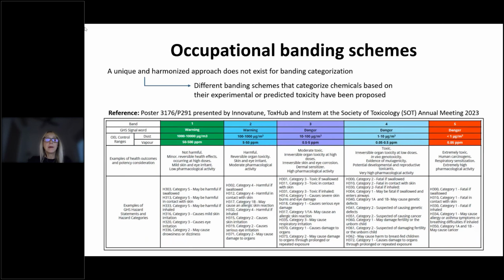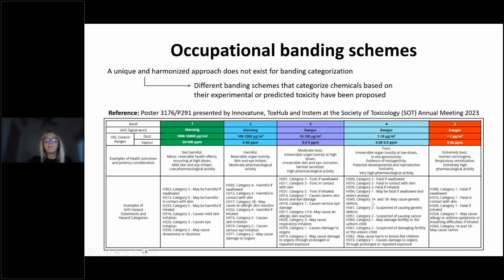In this table, you can see how, based on the specific profile of a chemical, a corresponding band is identified. So what we commented before is that of course, this toxicity profile might be based on experimental evidence when this evidence is available.